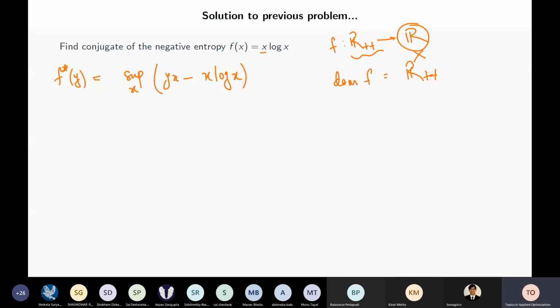Here again we are tempted to check for y greater than 0, y less than 0, y equal to 0, and so on. So what do we think about this? Is this a bounded function for all y?